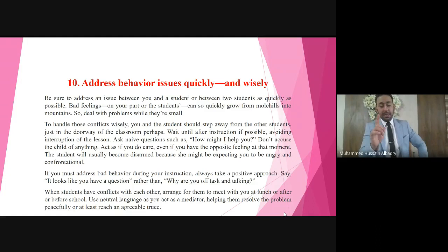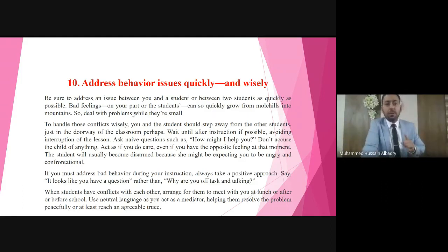Please, you as a teacher, you have to be wise. Okay, so be sure to address the issues between you and students, between two students. Sometimes you see two students are making some mistakes, or they are struggling or doing something. You have to deal with this problem. Don't let them struggle between each other.